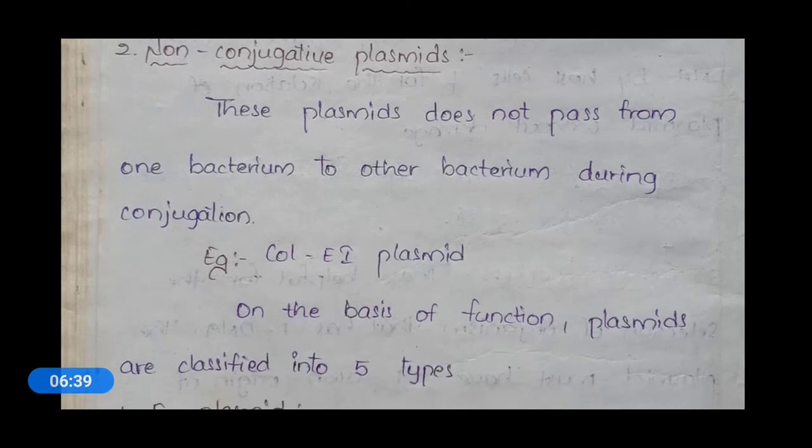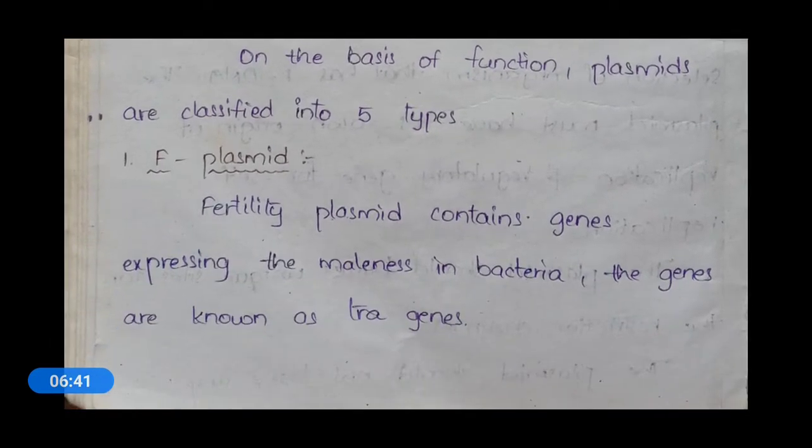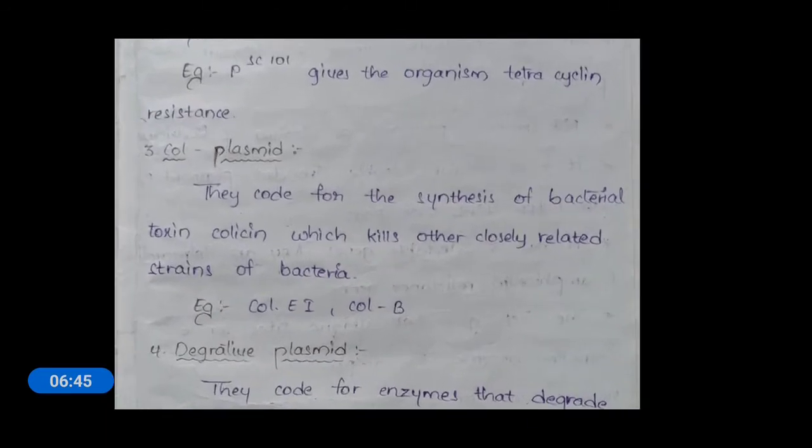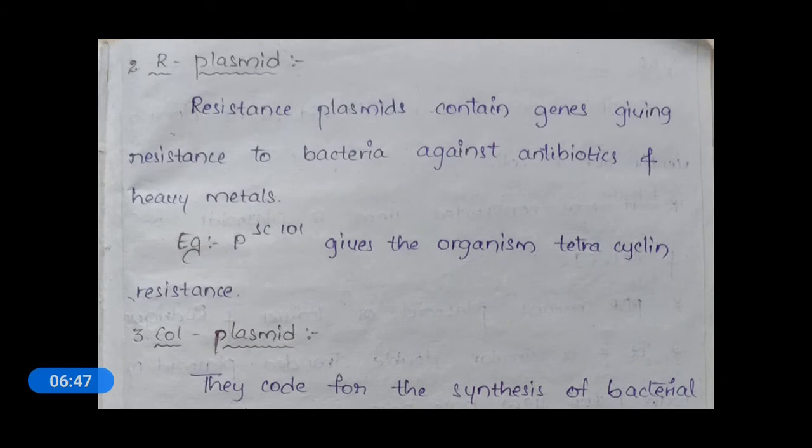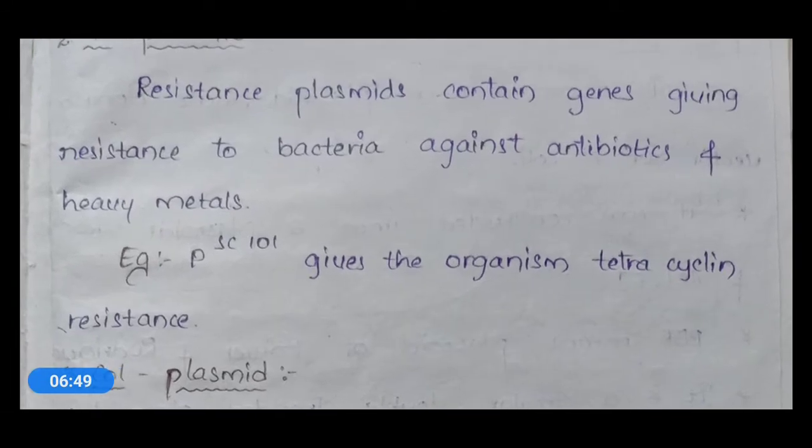The next one is the R plasmid. R means resistance plasmid. The resistance plasmid contains genes for resistance of bacteria against antibiotics and heavy metals.